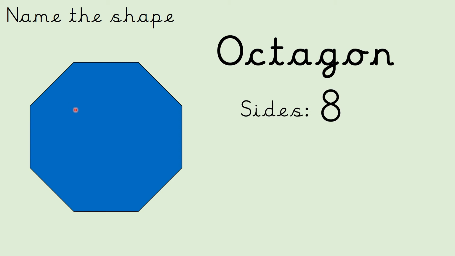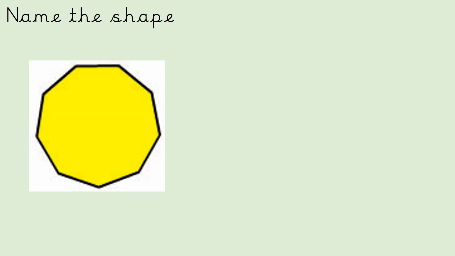If an octagon has 8 sides, how many vertices do you think it has? Let's have a look. 1, 2, 3, 4, 5, 6, 7, 8. Great job. 8 vertices on an octagon. Let's look at our next shape.